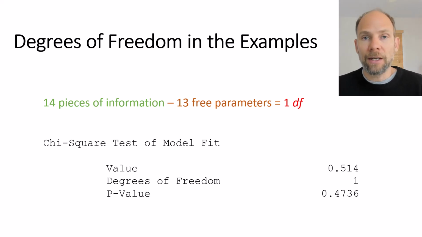So I fit this model here in Mplus, and I got this chi-square test of model fit with a value of 0.514 for the test statistic, 1 degree of freedom, as you can see here, and a p-value of 0.4736, which means this model is not rejected. So a non-significant chi-square statistic indicates that the model fits the data adequately. The null hypothesis of exact model fit does not have to be rejected, and therefore this model has adequate fit.